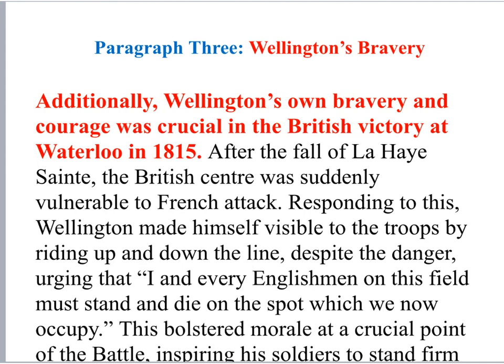We talked about the idea that late in the battle, La Haye Saint fell, and suddenly the British centre was vulnerable to French attack. And what Wellington did was he went along the line, visible to troops, inspiring them, urging them to stand their ground. And this was incredibly important. It bolstered morale at a crucial point of the battle, inspiring his soldiers to stand firm and repel the French attackers.